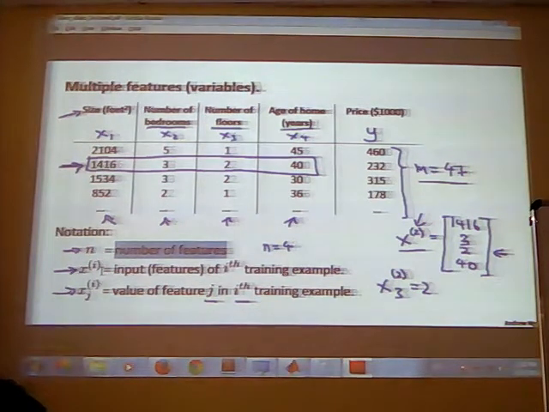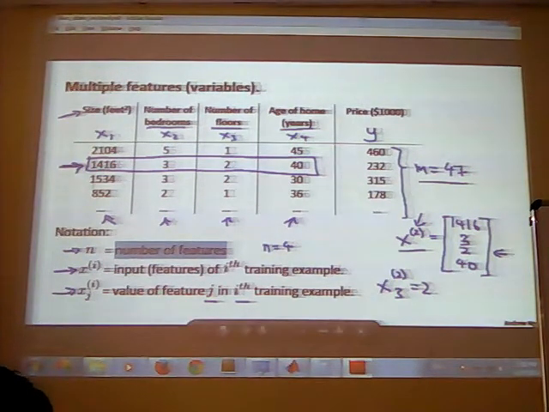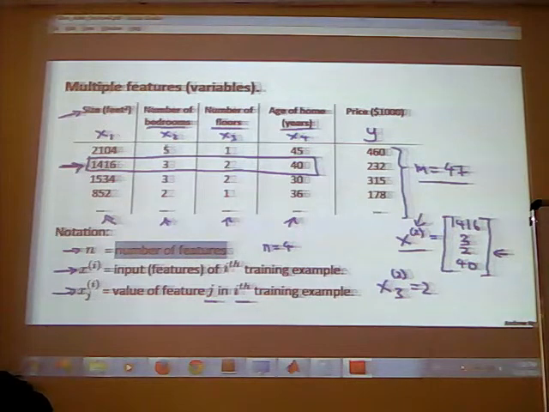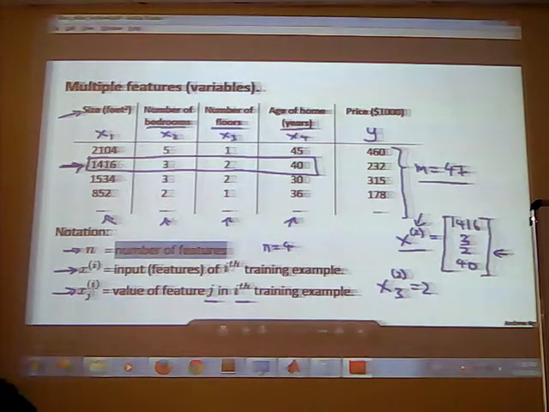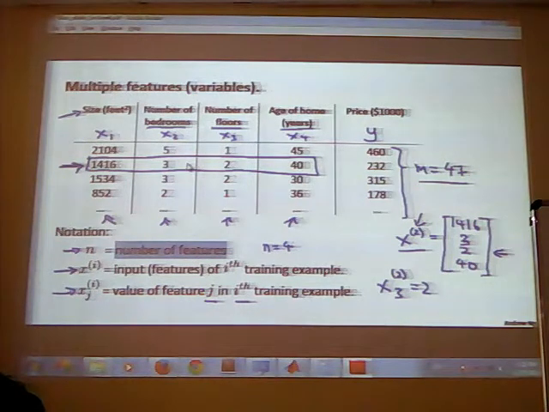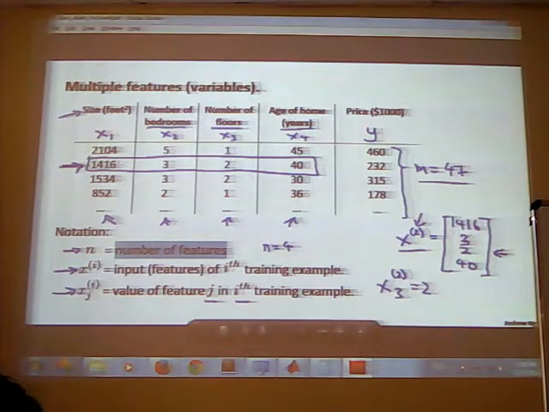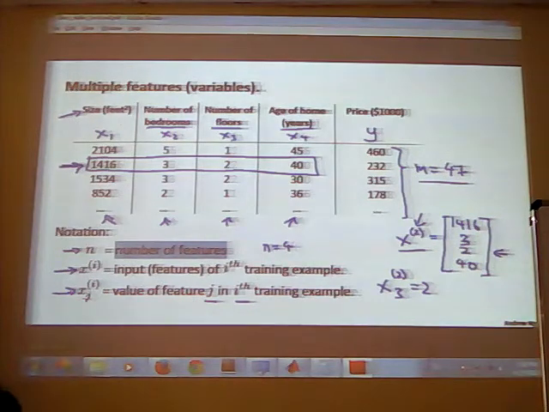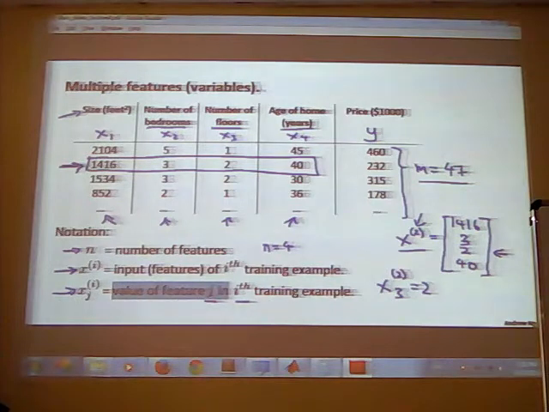And for a particular row or a particular training example, we use x superscript i. Say for x superscript 1 we mean 2104, 5, 1, 45. For a particular value in a row, x superscript i will denote a row, and a value in a particular row will be denoted by x superscript i subscript j. This means the value of feature j in the ith training example.